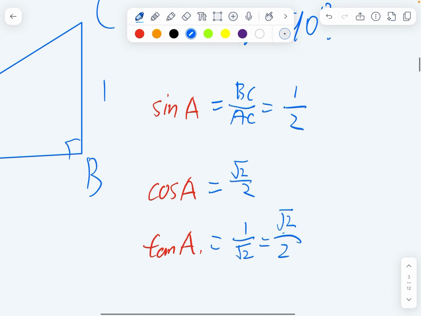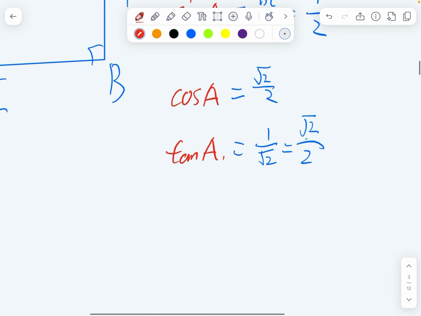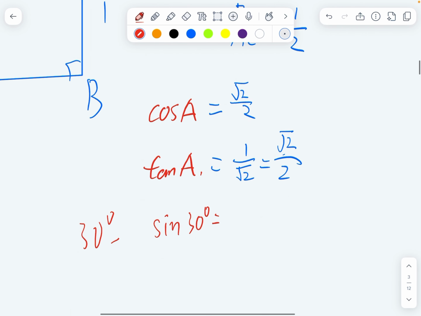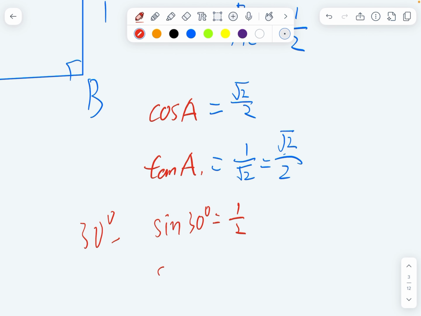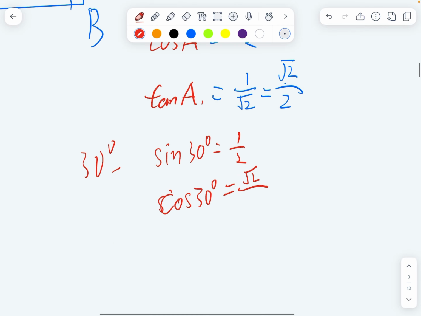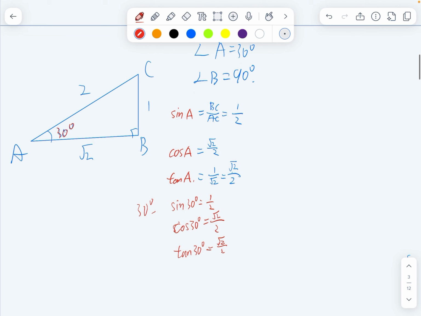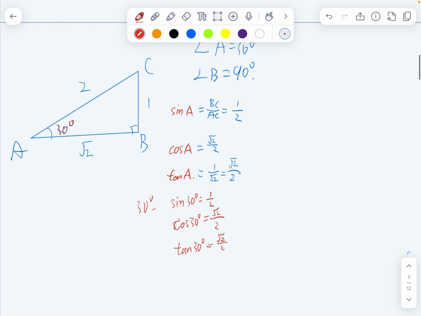So now we can get the summary for 30 degrees. Sine 30 degrees equals 1 over 2. Cosine 30 degrees equals... hold on.